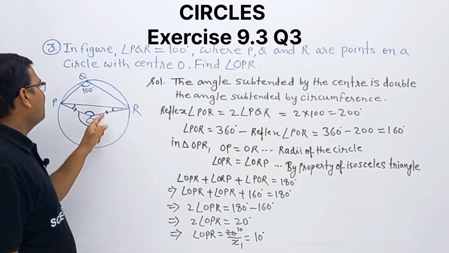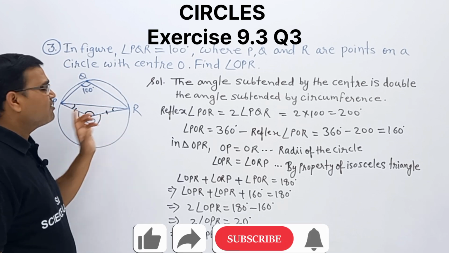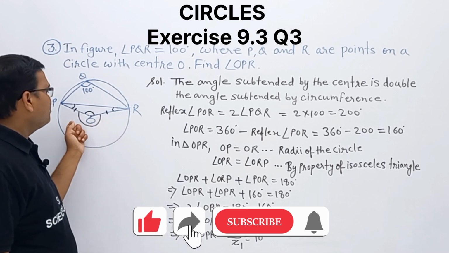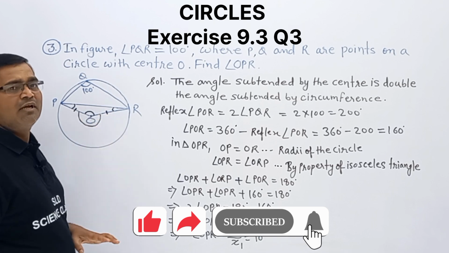So in this isosceles triangle, two sides are equal, so the opposite angles will be equal.